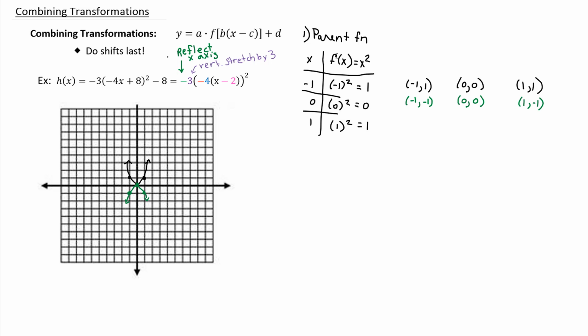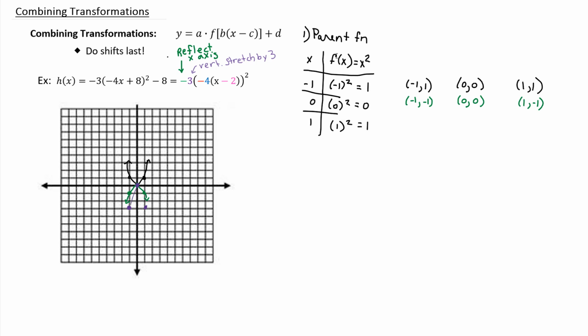So if we did that, notice this point is at 1, -1. It would become 1, -3 instead. The point at the origin isn't going to change because if you took 0 and multiplied it by 3, it doesn't change. At 1, -1 will go down to 1, -3.